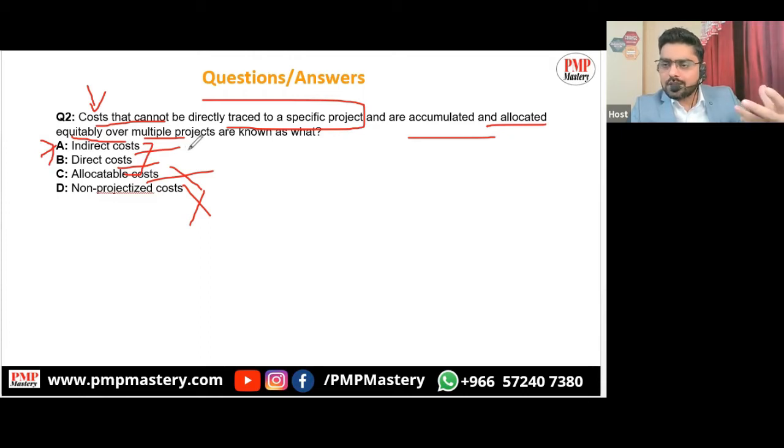If the cost is equitably allocated across multiple projects, that is not a direct cost. The costs you use for your equipment and your staffing are the direct costs. So the correct answer is A.